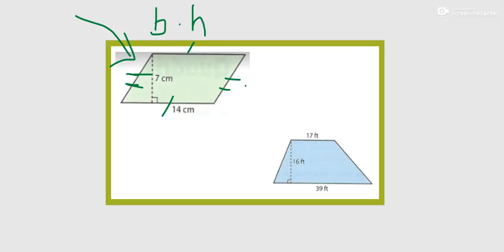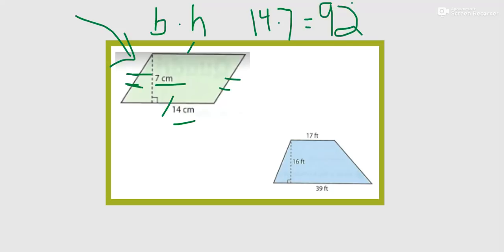And we are given both of these in this picture. So we can say it is 14, which is down here, times our 7. And when we do the math, 14 times 7 is 92.